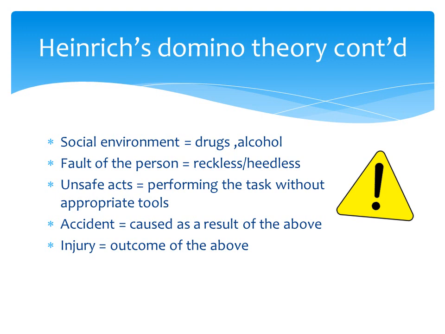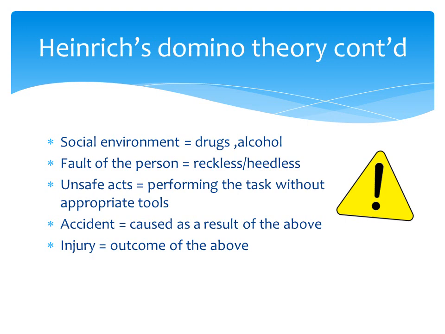Now, in our earlier slide, we said that Heinrich believed in the social environment, the fault of the person, the unsafe acts, and the accident and the injury. What did he mean by this? When he said social environment, he meant, for example, the behaviour of the worker, the employee, which may have had an attribute such as alcohol, drugs, etc. involved.